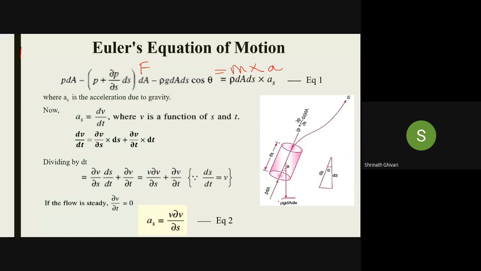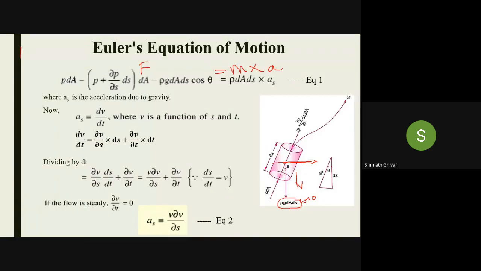Why cos theta? If I resolve these two quantities, this will be sin theta and this will be cos theta downward side. We are considering rho g dA ds cos theta because on this side we don't want the force, we want the downward force which is acting. So this will be acting at an angle theta.